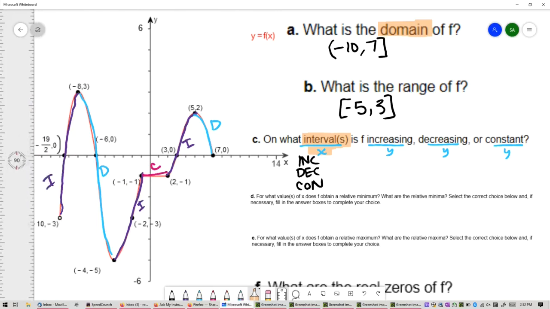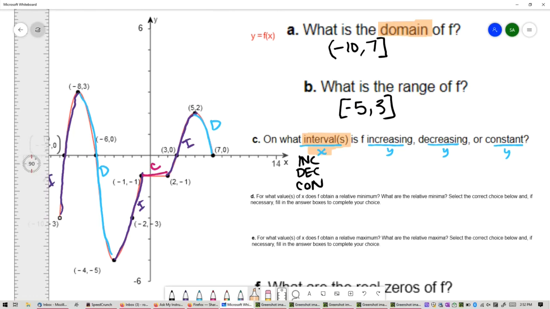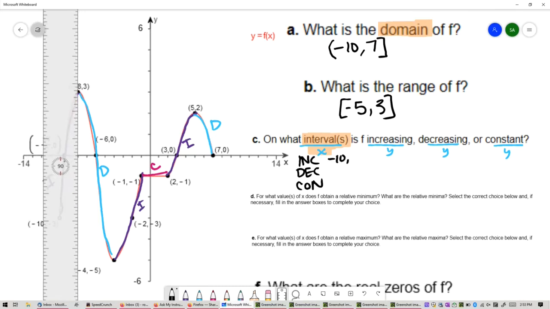So on this first interval, I labeled it increasing. That's going to start at an x of -10 and stop at an x of -8.